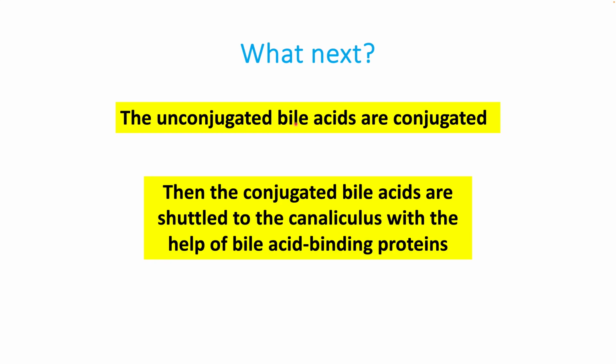So the unconjugated bile acids are conjugated in the hepatocyte, and then these conjugated bile acids are shuttled across to the canaliculus with the help of what are called bile acid binding proteins. So they'll move these conjugated bile acids to be ready for transport at the canaliculus.